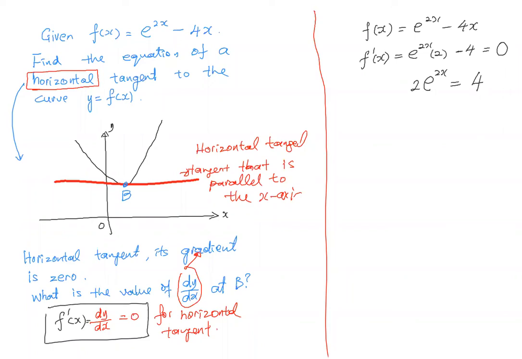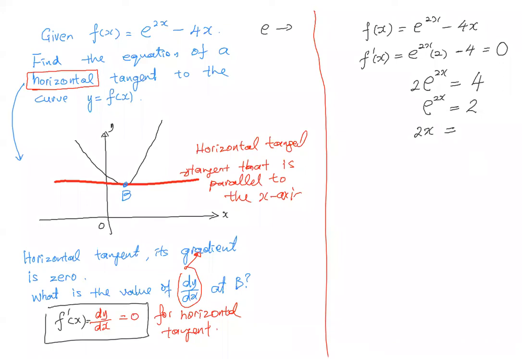Right, then e to the power of 2x equals 2. Then only I can change it to... Safwan? 2x equals e to the power of 2. Wait.